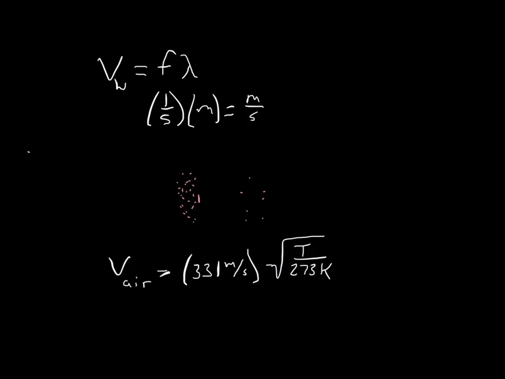So let me revisit one point here that I think is important to remember, and that is that the speed of sound is independent of the frequency. In other words, frequency doesn't affect how fast that sound travels. Frequency has to do with what's generating the sound, how quickly it is moving back and forth.